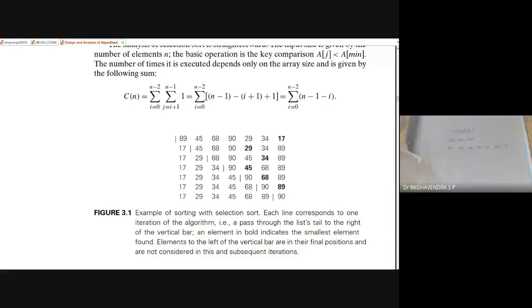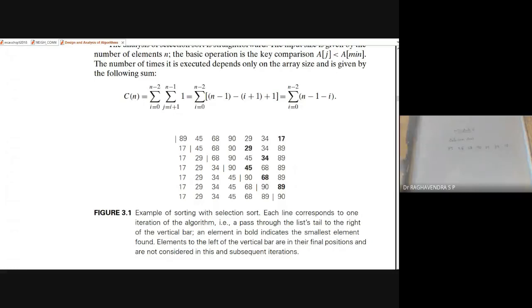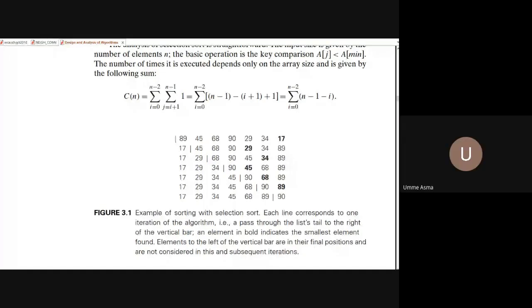Tell me whether this is a sorted array or an unsorted array, dear students. Unsorted array. Of course it is an unsorted array. So how to sort? First we have to introduce a separation bar. Once you introduce a separation bar, next identify the smallest element here. What is the smallest element? 29.